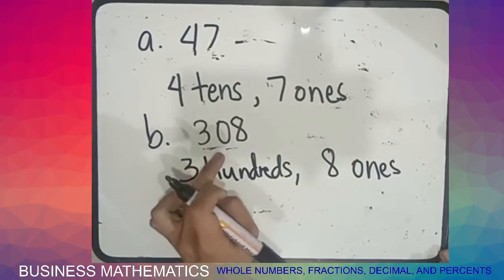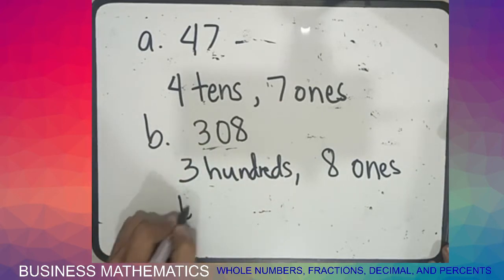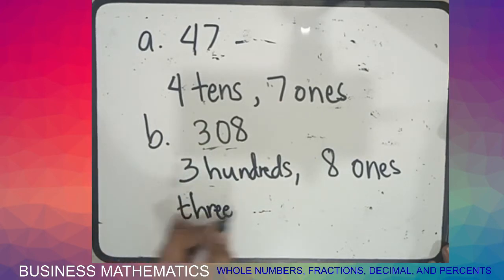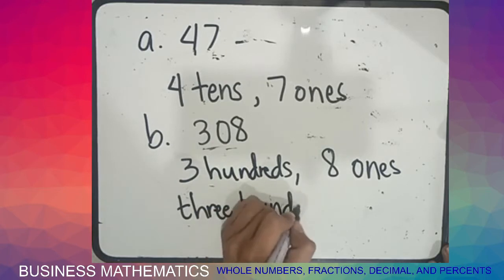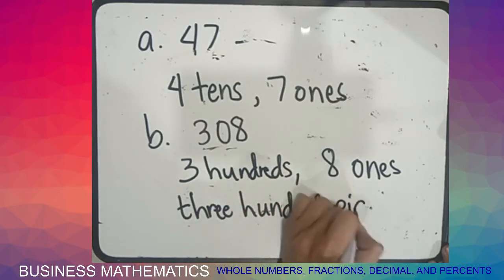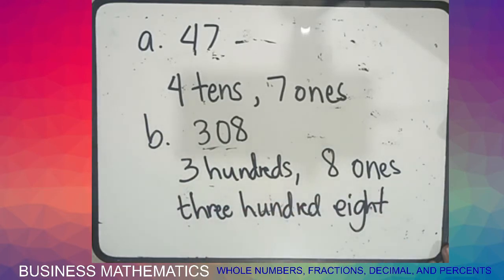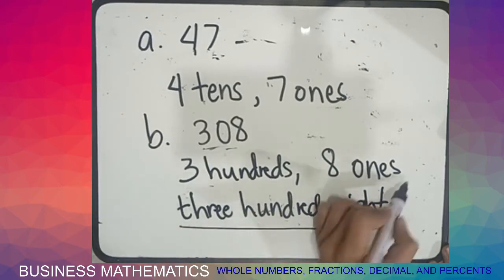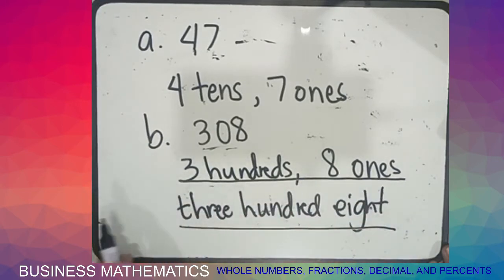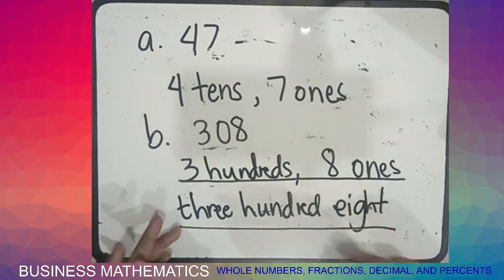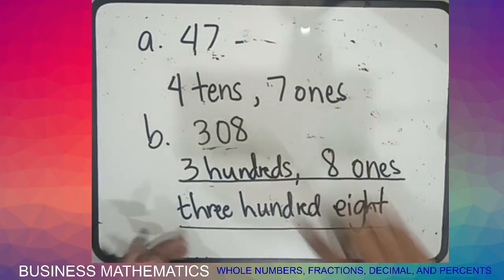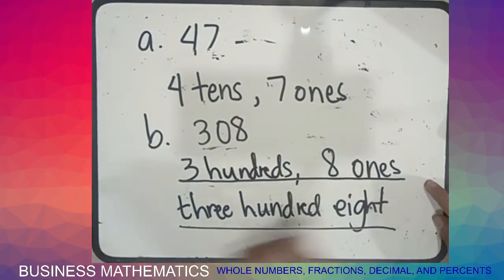Then si 308, in words ito ang sulat. Pero pag tinatanong kung ilang place value yung kada digit natin, ito ang sagot.